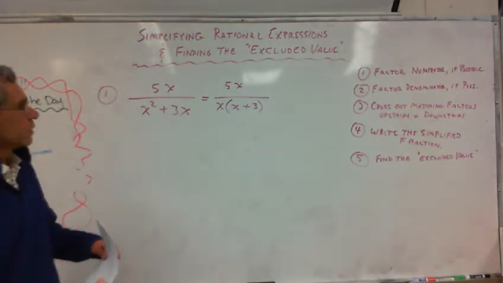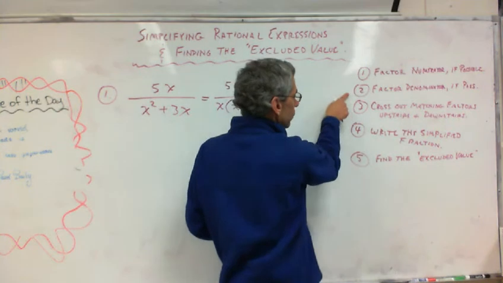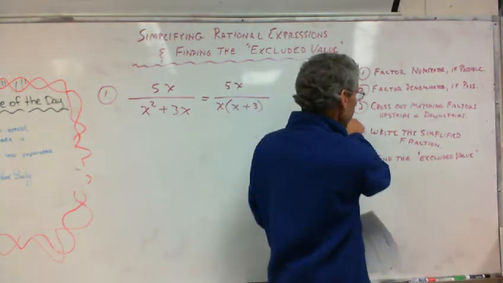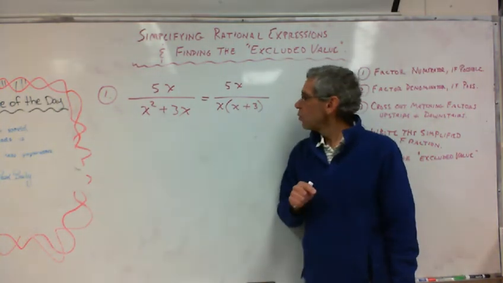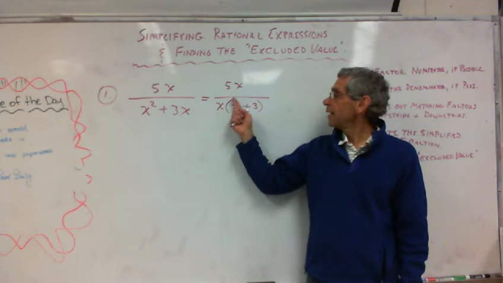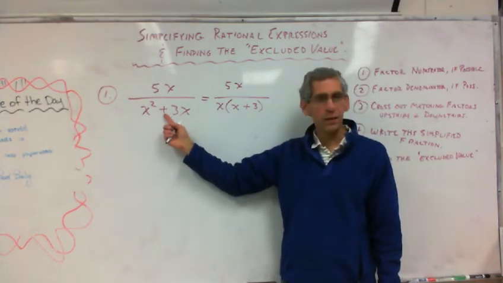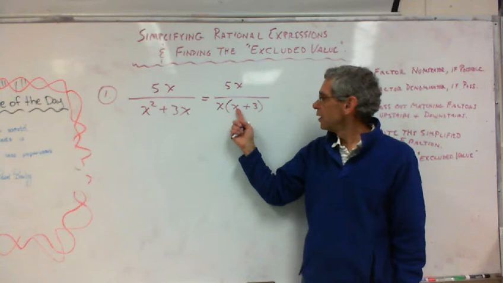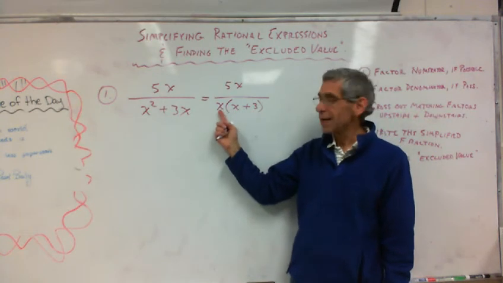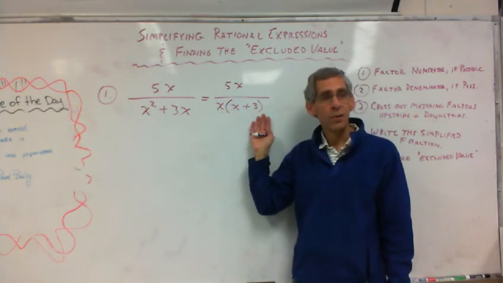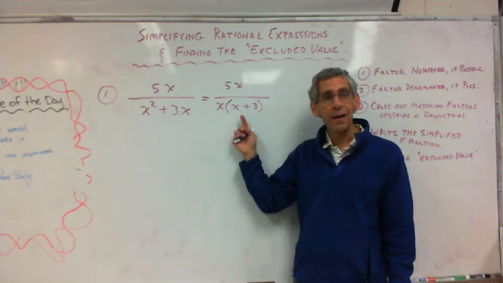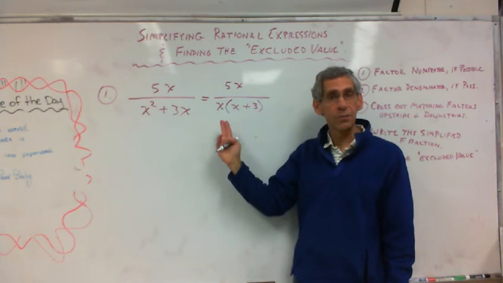All right. So now we have done number 1 and number 2. Now it says cross out matching factors upstairs and downstairs. X and X. See, now here I couldn't because I have a plus sign, but here I can because it's X times a blob. So as long as it's X times something, I can cross out upstairs and downstairs.